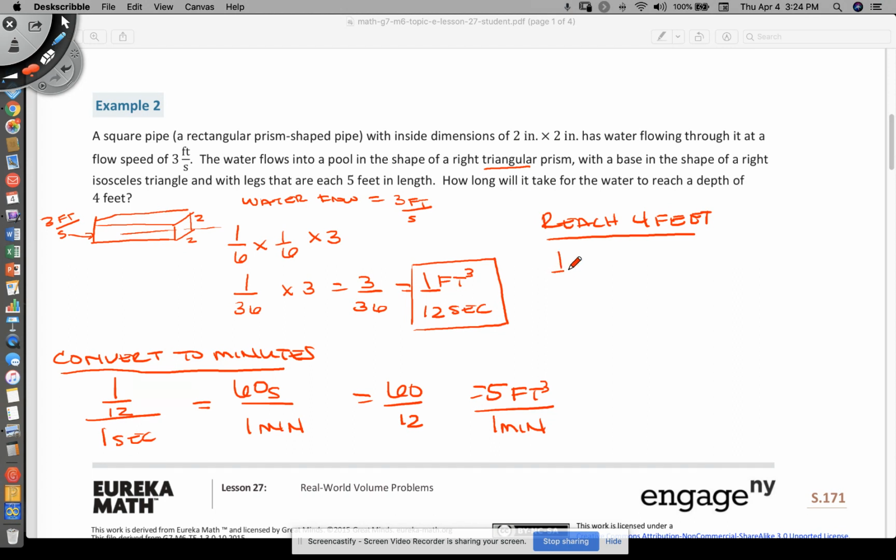We're going to do half the length times the width times the height. So that would be half of 5 times 5, I guess I just need to do the parenthesis, times 4. All right, and this gives me 1/2 times 100, and then half of 100 is 50 cubic feet.